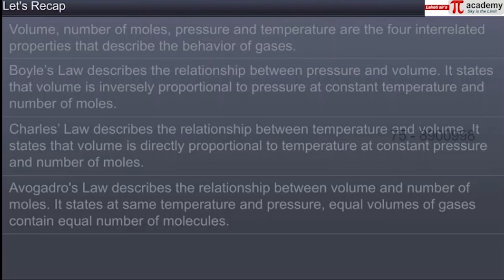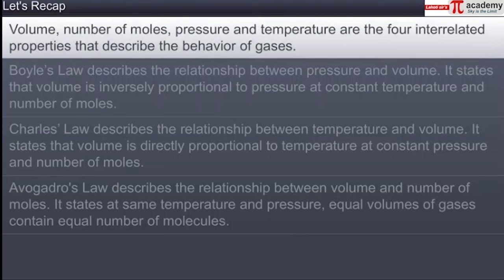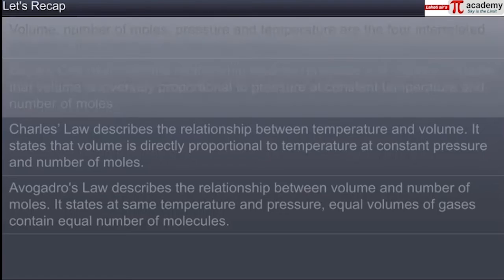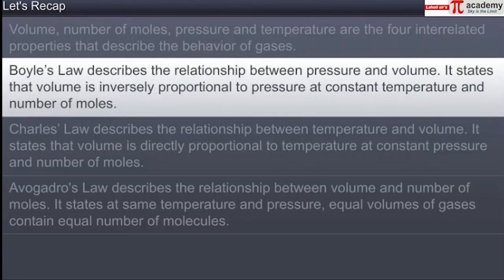In this module, you learnt that volume, number of moles, pressure and temperature are the 4 interrelated properties that describe the behavior of gases. Boyle's law describes the relationship between pressure and volume.